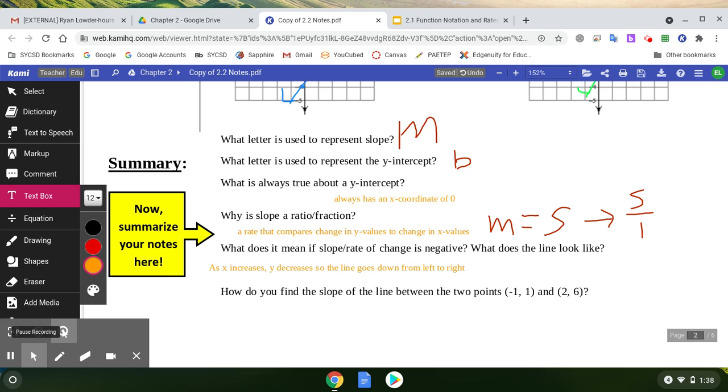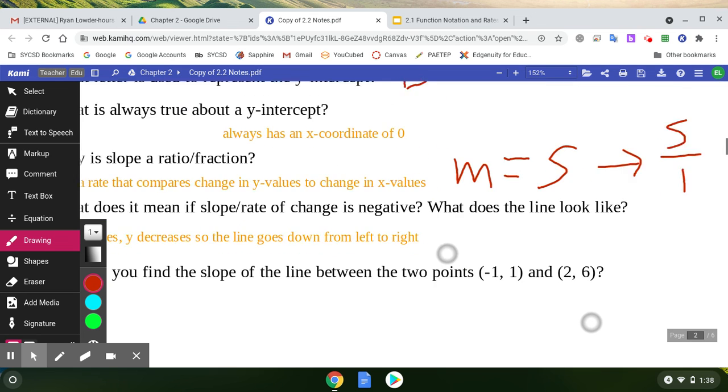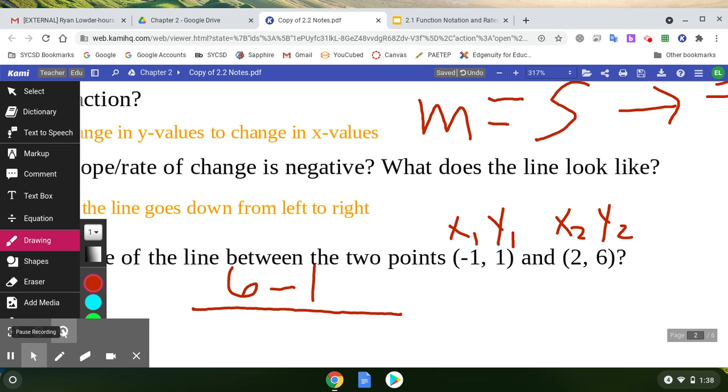And lastly, to find the slope of the line between the following 2 points, we could use the formula that we wrote down on the very first page. So we could identify this first point as x1 and y1, and then the second point is x2 and y2. So to find the slope, we'd take the change in the y values, so 6 minus 1, and then the change in the x values, so 2 minus negative 1.